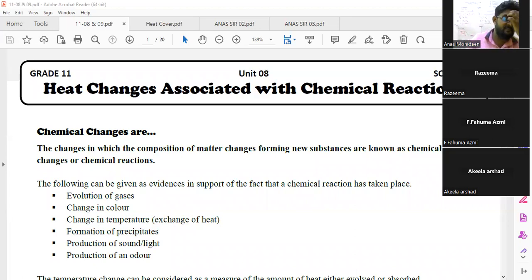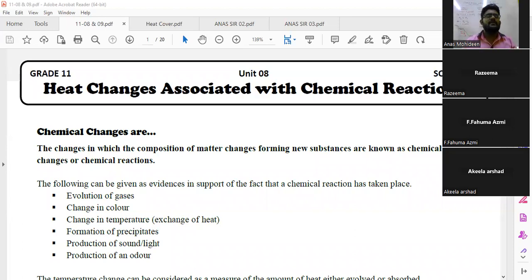Write the topic there inside the text box as given: exothermic reactions, endothermic reactions. So we are writing a definition for the exothermic part.